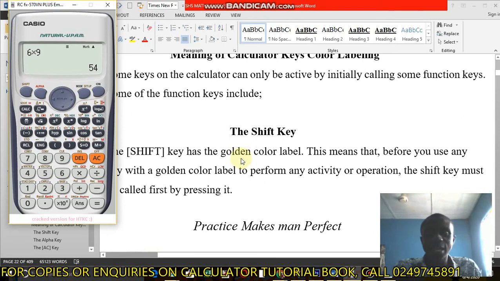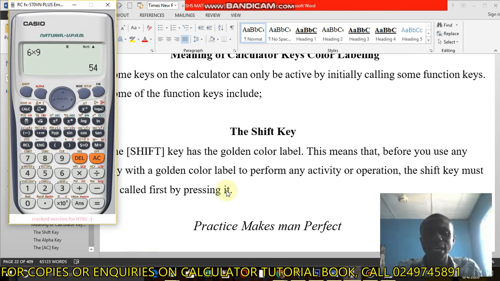As I said earlier in the previous tutorial, in all our SHS calculator tutorials, we will be using our scientific calculator. As you see at the left of the book on the screen, that is our scientific calculator simulator we will be using for all our practical demonstration.